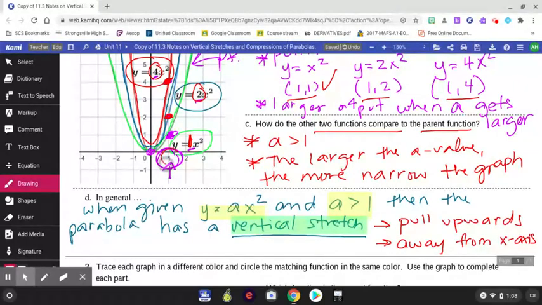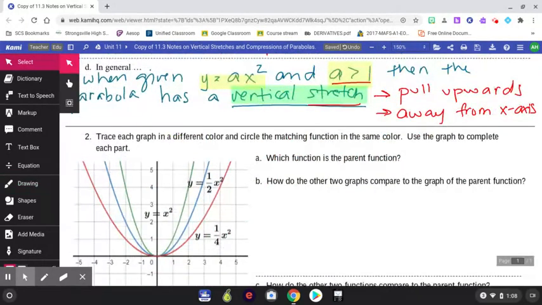When x is equal to 1, these outputs keep getting further and further away from the x-axis. I'm stretching my arms way up to touch the sky. Okay, so pulled upwards, stretching my arms up to touch the sky. And that occurs when the a value is bigger than 1. Okay, we get this stretch.